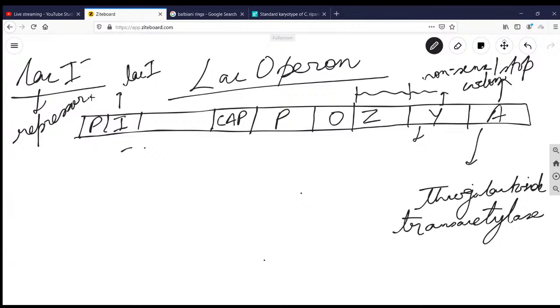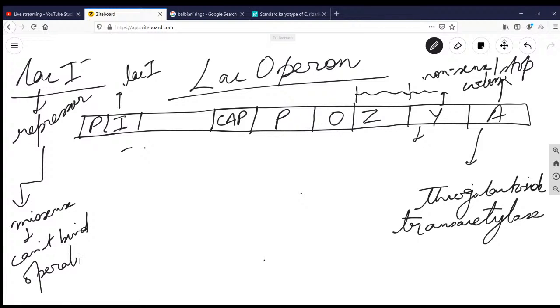Lac-I minus, if the question comes in NEET examination, these kinds of questions are asked mostly. So lac-I minus means you can have two things. Either you can have a missense mutation, in a sense that it cannot bind to the operator region. You can have a nonsense mutation also, because the kind of mutation I haven't told.